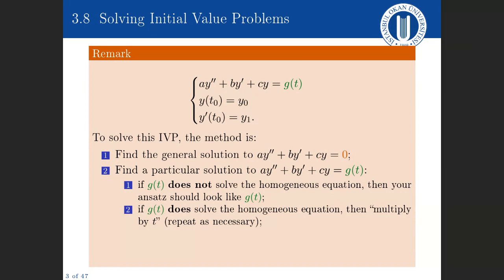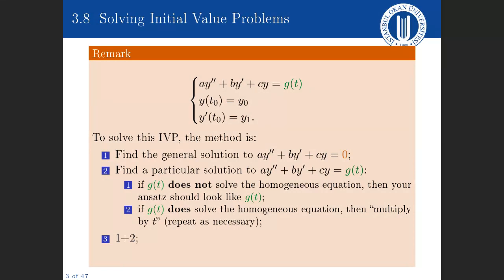However, there's a difficulty which may occur. If g of t does solve the homogeneous equation, then we can't use the same type of functions in our particular solution. So what we do is we multiply it by t and repeat as necessary. Step 3 is we add these 2 functions together.